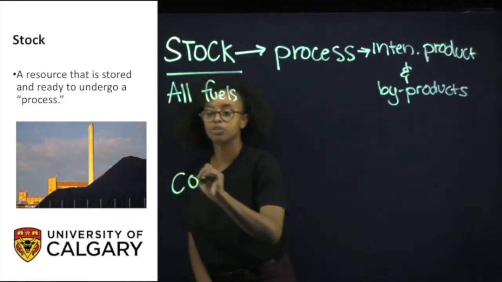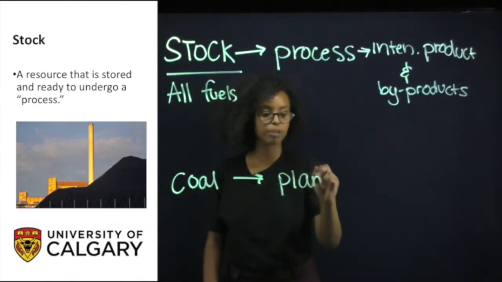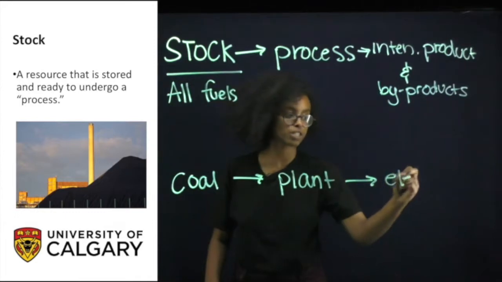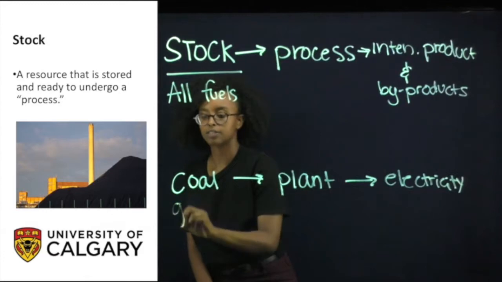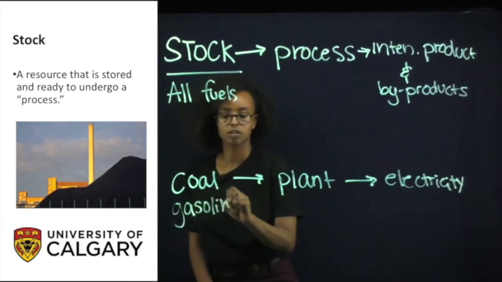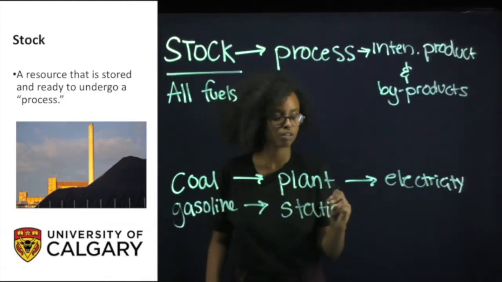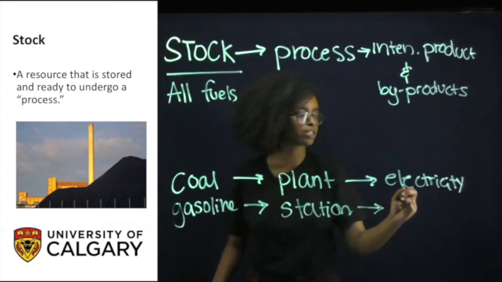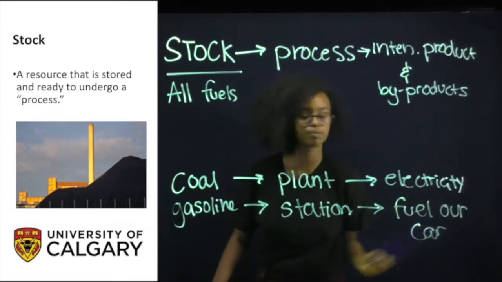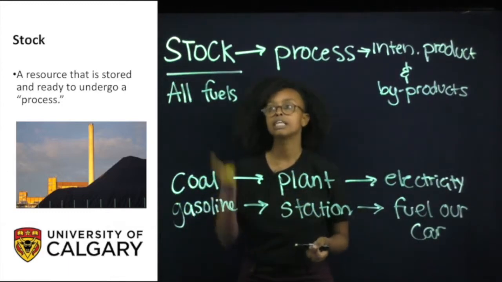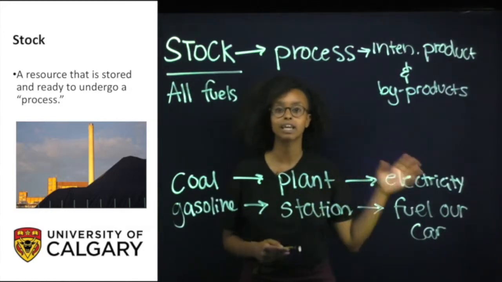So, for example, coal would be the fuel that we want to use in a plant to make electricity, and gasoline could be the stock at a gas station, ready to use for us to fuel our car. There are other natural resources that are able to be stocks that aren't fuels, which we'll be discussing later in this video.